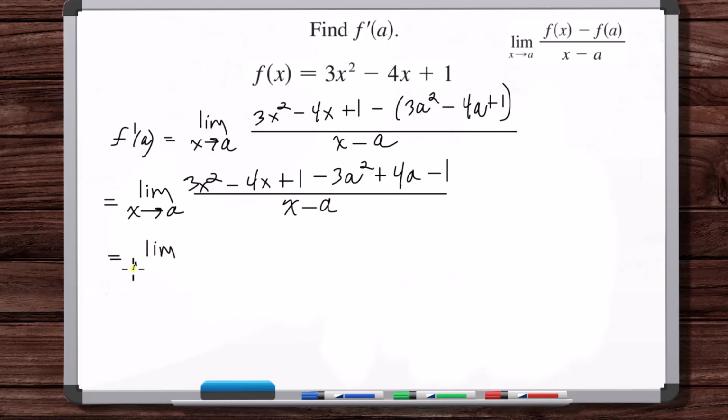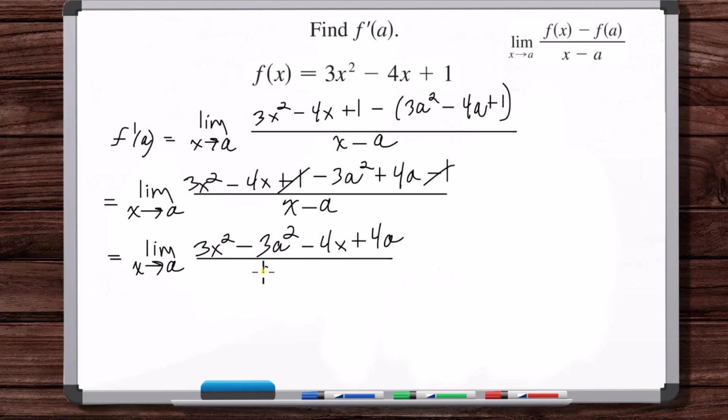Okay. These two cancel, and you're left with 3x squared minus 3a squared, then minus 4x plus 4a over x minus a.